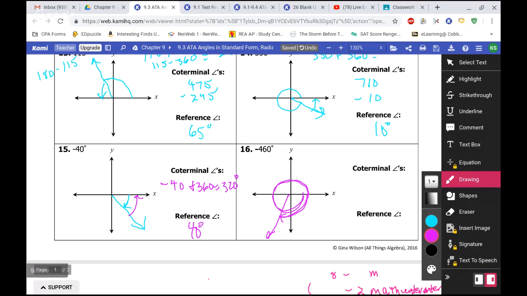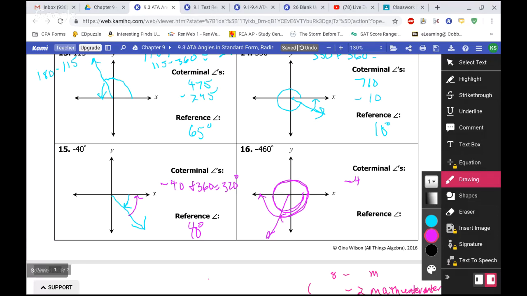Then the shortest distance back to here. The co-terminals are 260 and then negative 820. I'm going to show you how to use that 260 in just a minute.